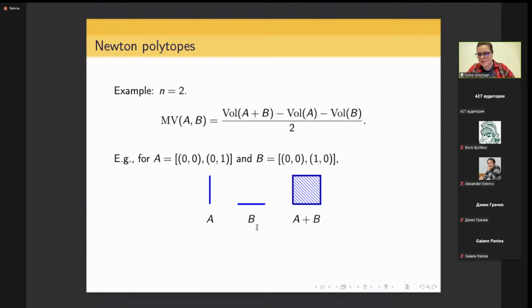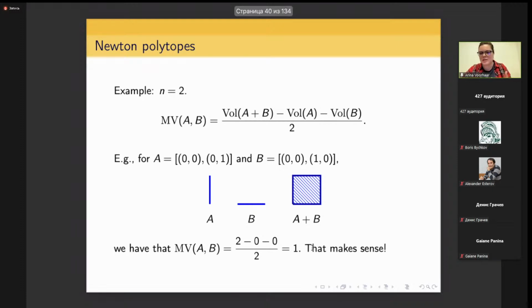We already discussed that I'm talking about lattice volume, so it has lattice volume 2, because it can be presented as a union of two unit triangles. And then the mixed volume of this tuple AB is going to be 1. It's 2, the volume of this, minus 0, 0, because the volume of an interval is equal to 0, over 2, and it's equal to 1.